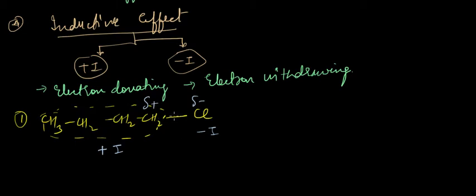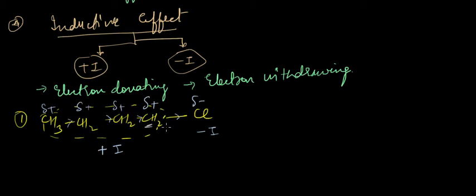It means that the electrons are slightly shifting from carbon to chlorine. They are not exactly shifting, but they have a tendency to shift, right? So for that purpose we can say that this group has a plus I effect and this has a minus I effect. In turn, all these carbon atoms will have plus I effect only, because all these electrons will tend to move towards the chlorine atom, right?